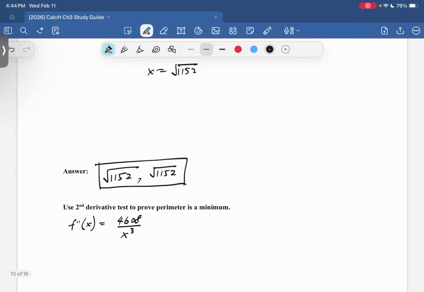And now we want to plug in that critical point, so square root 1,152. And we want to think about whether this second derivative is positive or negative. Okay, indeed, this is positive because we have a positive x value. And so that tells us that we have a concave up function at the critical point, so that's a minimum. That is a minimum.